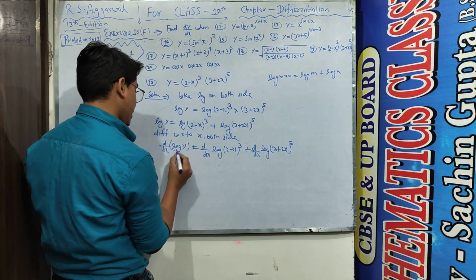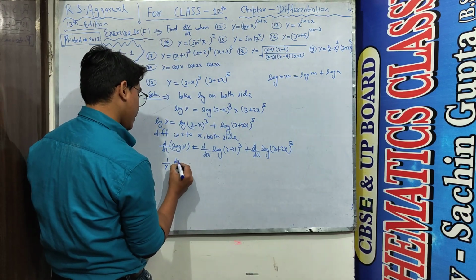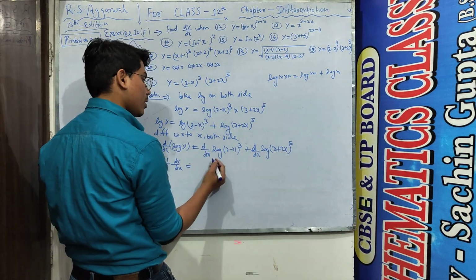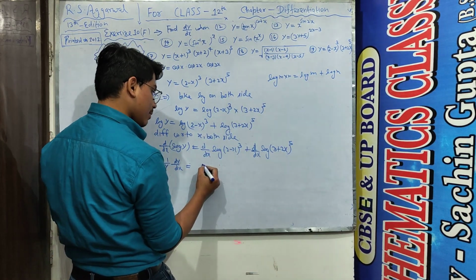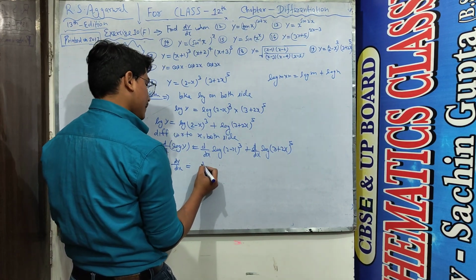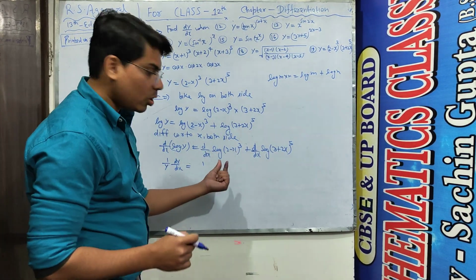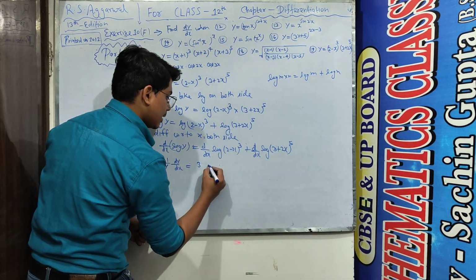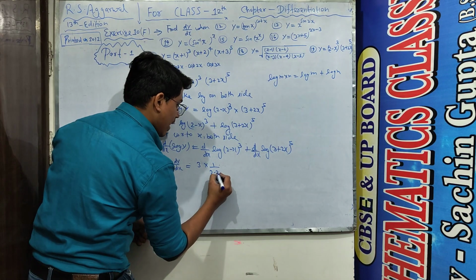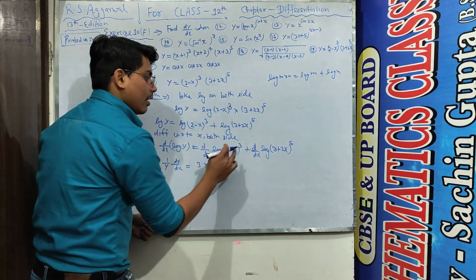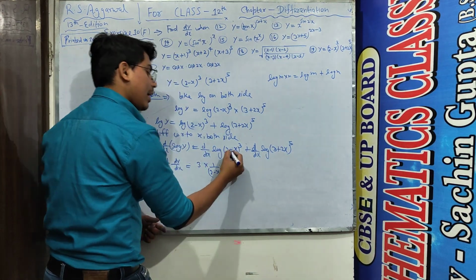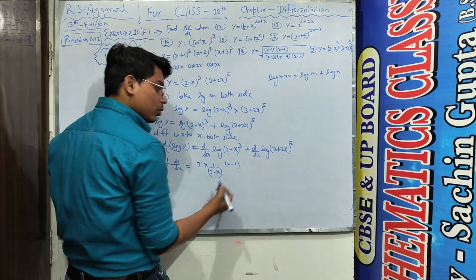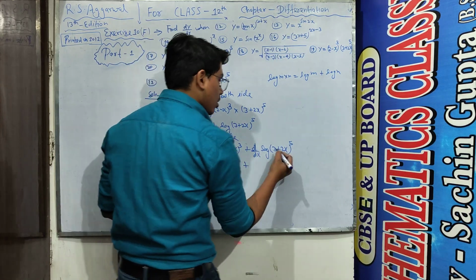And differential of log y is 1 upon y dy by dx, and for log (2 minus x) raised to the power 3, this 3 comes before the log, and differential of log (2 minus x) is 1 upon 2 minus x. Here we again differentiate 2 minus x, so 0 minus 1 also comes with it.